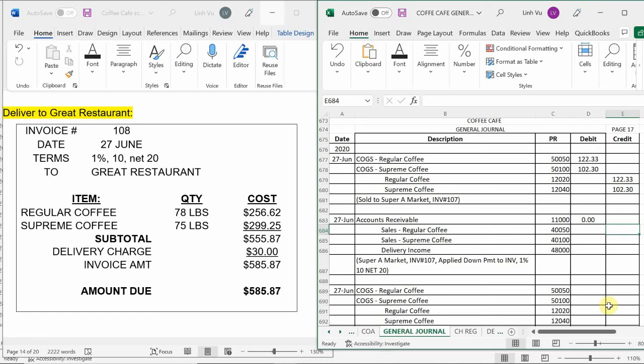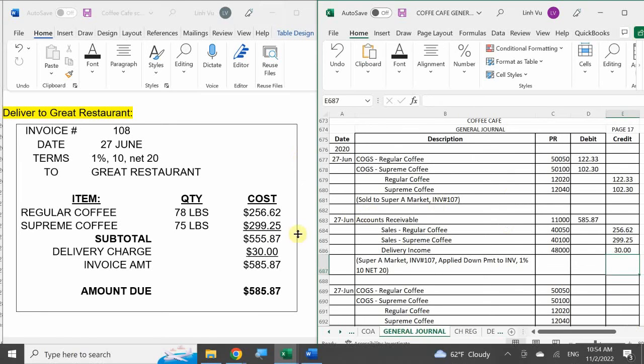Okay, so let's start with the first one, the sales for regular coffee, 256.62. Supreme coffee, 299.25. And the delivery charge, $30, should give you a total amount of $585.87. Good. Perfect. Okay.